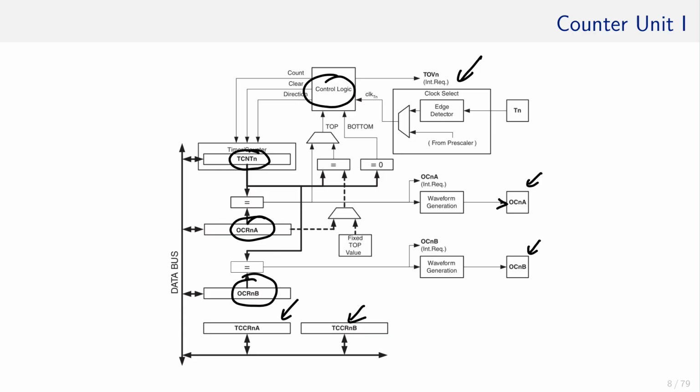And on top we have Tn, which seems to be an input pin. Important to note that all registers such as TCNT and OCRnA and the configuration registers are connected to the data bus and therefore accessible in the same way like the ports and the data direction registers.